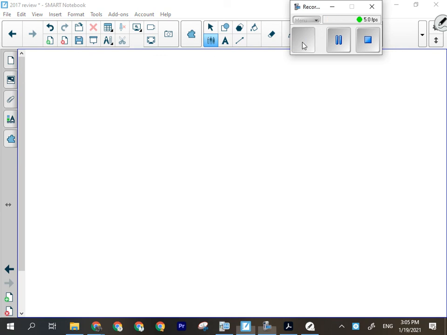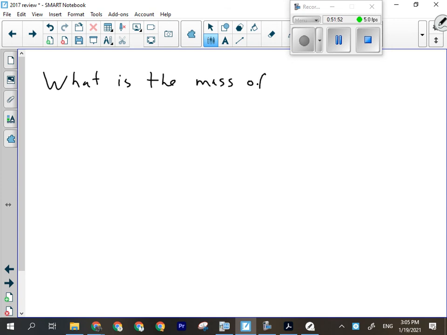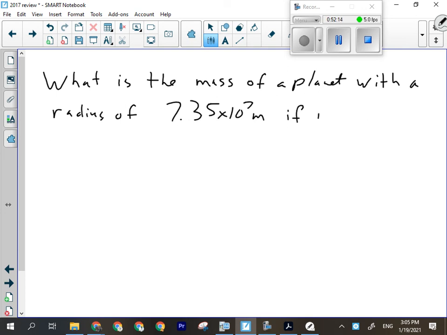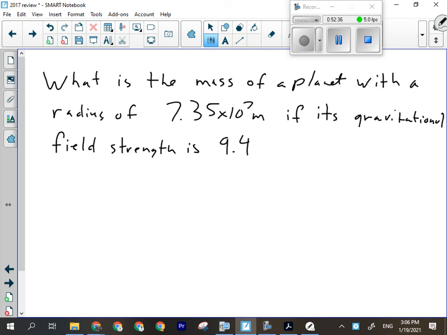Gravitational field strength question. Okay, give that one a try.